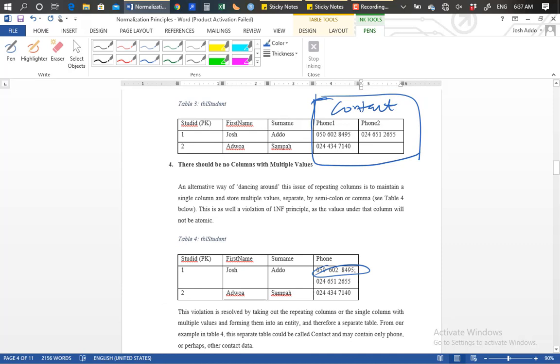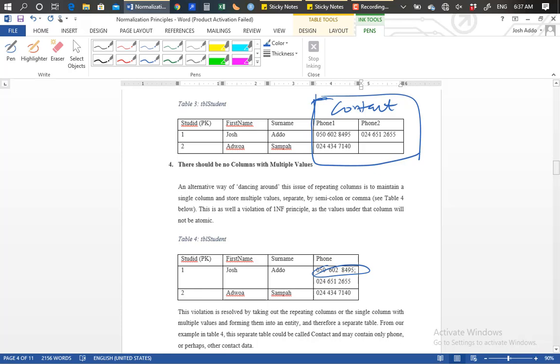Under this column, for this particular student, we have one phone number stored again with a second phone number and possibly a third phone number. No. So there should be no multiple values. Every value should be atomic. This is not atomic.